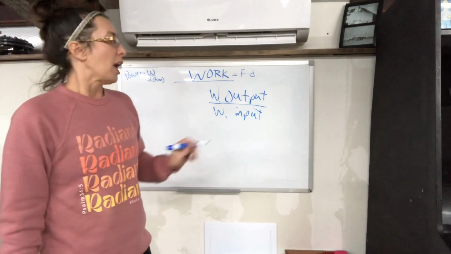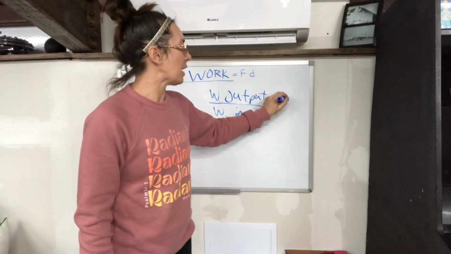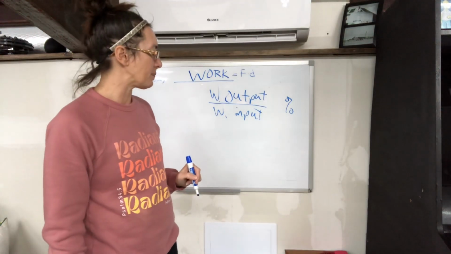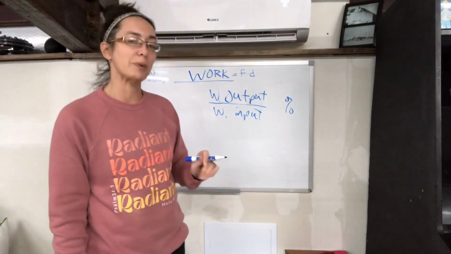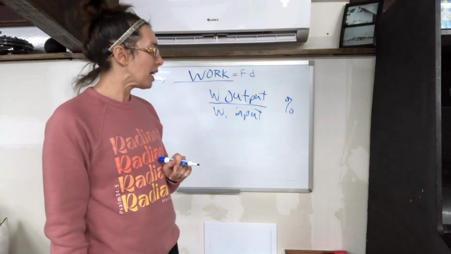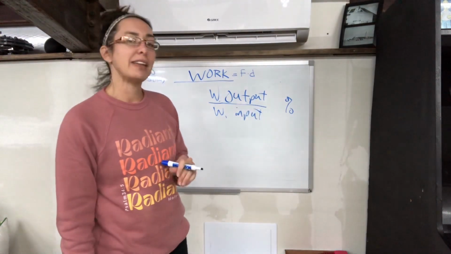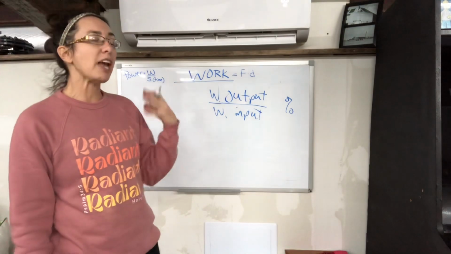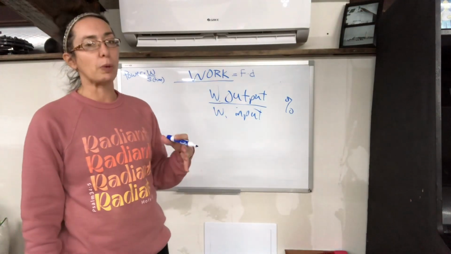Okay? And that will give us a decimal, and so we can turn it into a percent by multiplying times 100, or we can just use our percent sign on that. So how much did we get out divided by how much we put in?